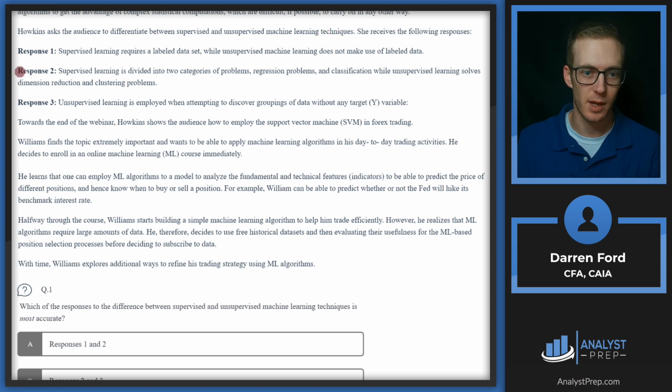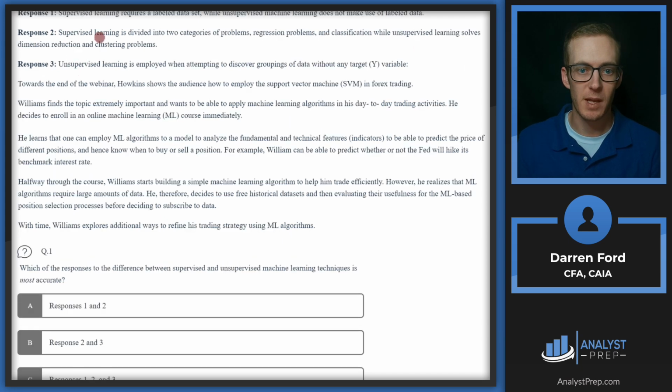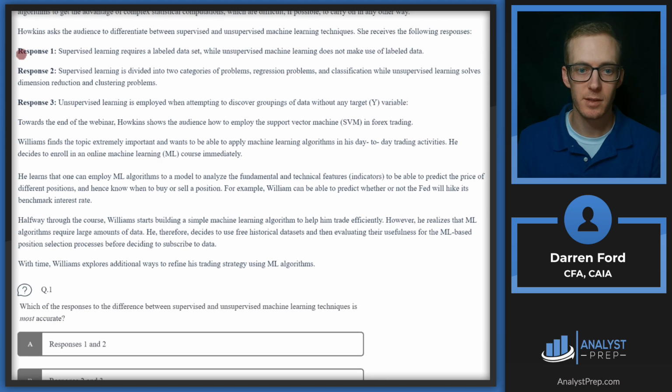So it looks like this is the crux of what we're looking for here. Response 1, supervised learning requires a labeled data set. Yes, that's correct so far. While unsupervised machine learning does not make use of labeled data. That is also correct. So we can go ahead and say yes, response 1 looks good.